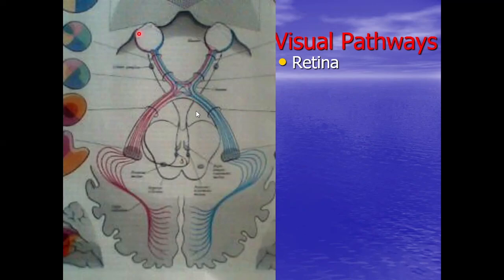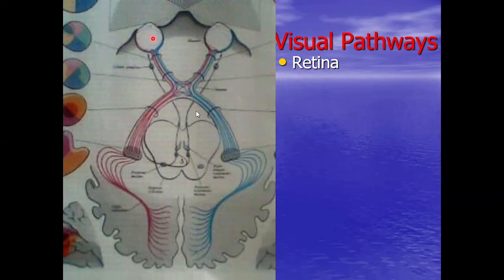The fibers from the lateral part of the retina, that is the temporal part of the retina, are supposed to be looking at fibers from the medial field of vision. That is the nasal field of vision. These do not cross over.